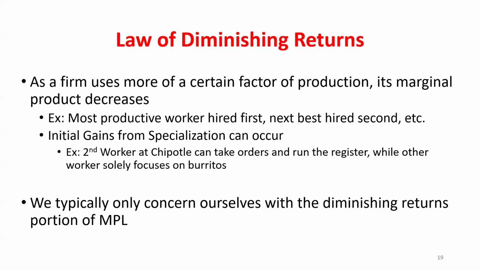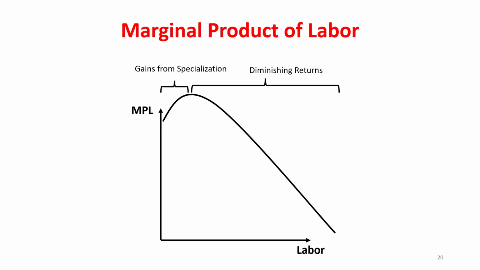So in general, what our marginal product of labor curve will look like is something like this. Yes, initially as I'm increasing labor or hiring more workers, maybe that marginal product of labor is going up if I can have them specialize.